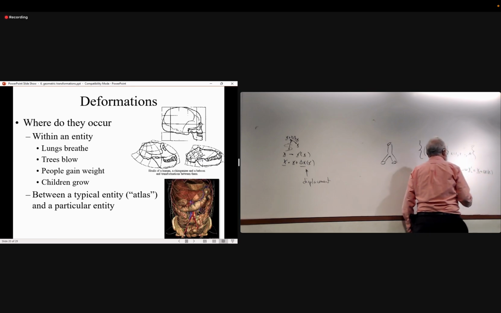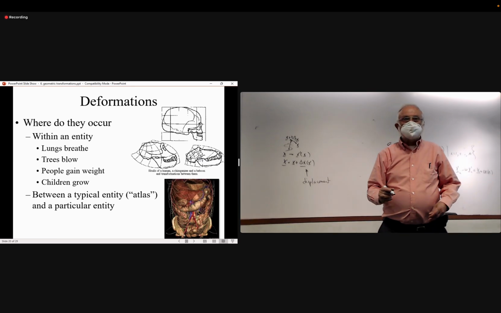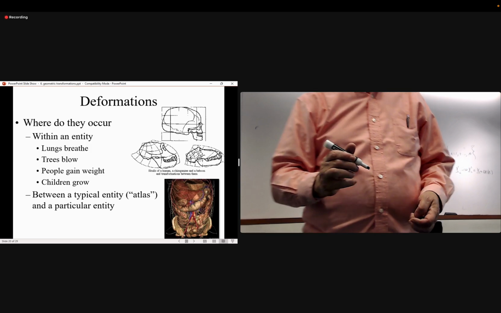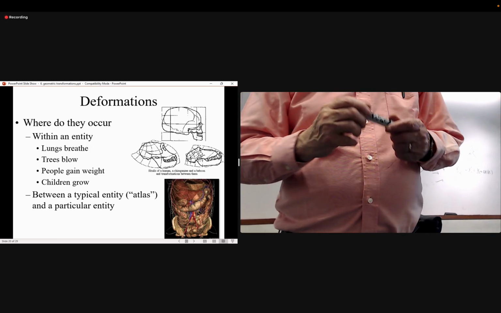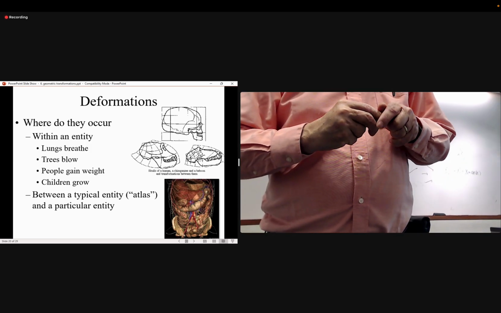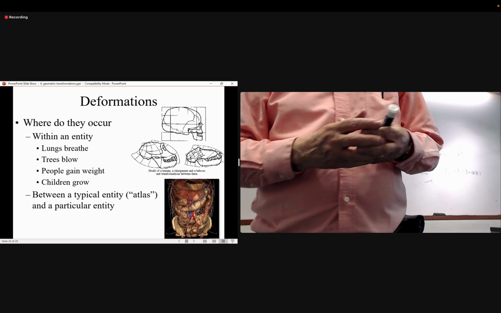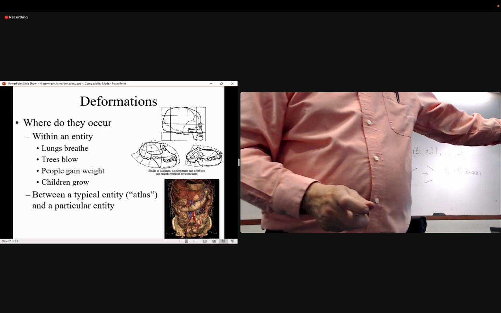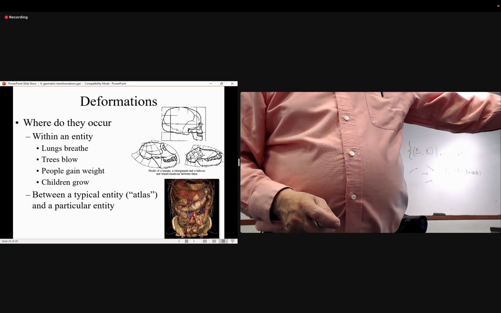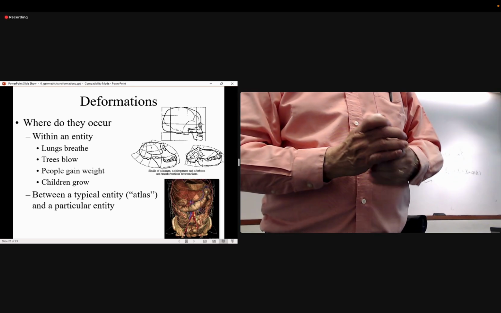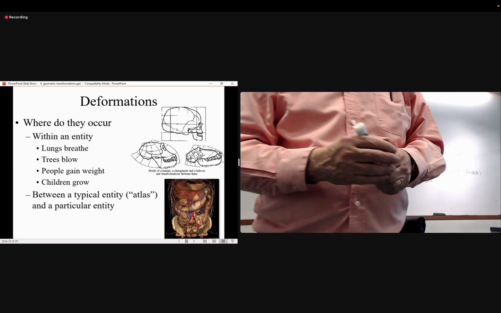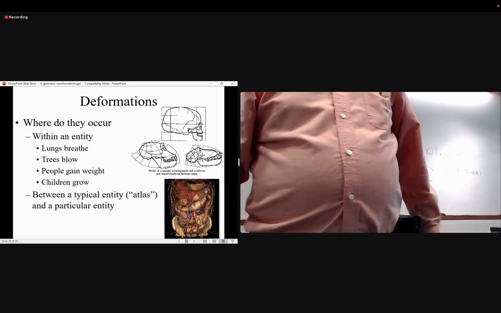So we're given pairs of where the landmarks went. And what we want to do is to interpolate x prime of x. Right? We want to find, at any given voxel, what its displacement should be.